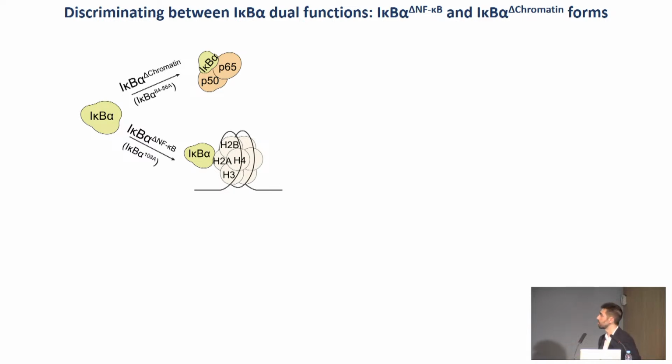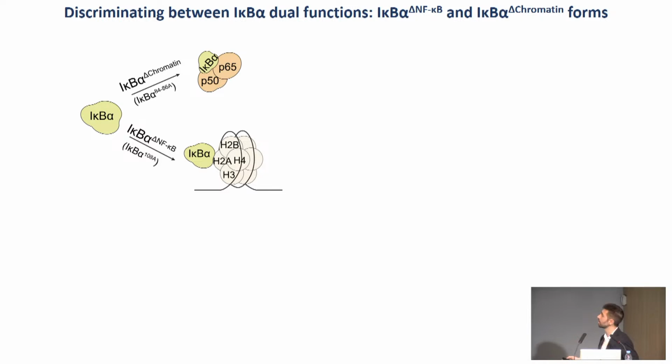However, because of terrific work from Dr. Jose Espinosa's laboratory, it was possible to generate separation-of-function mutants of IKBKB alpha. So we were able to generate mutants of IKBKB alpha that can only bind NF-κB and cannot bind any kind of histones, which is here IKBKB alpha delta chromatin.